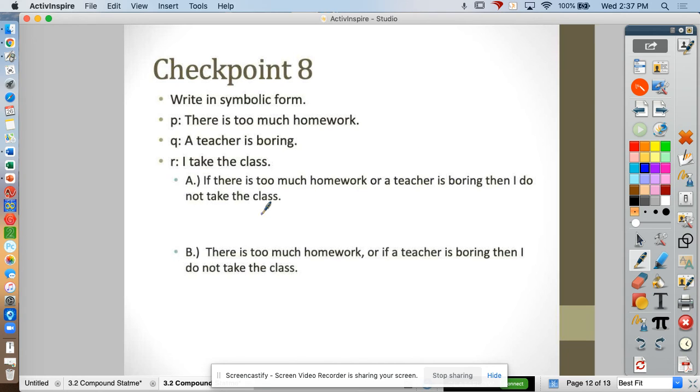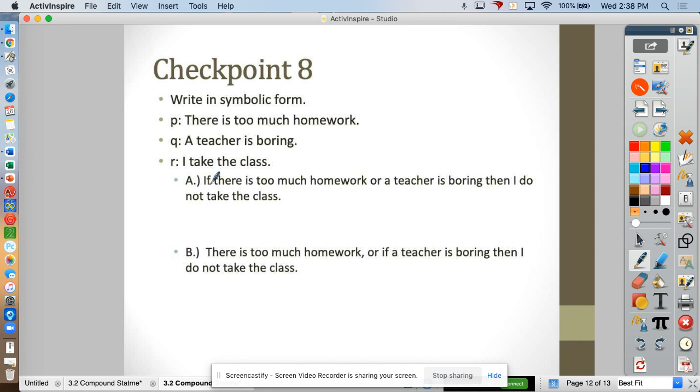All right, so here's your checkpoint 8. If there is too much homework or a teacher's boring, then I do not take the class. And so those are your 3 statements. And then you have to figure out which one has the higher dominance because there's no comma.